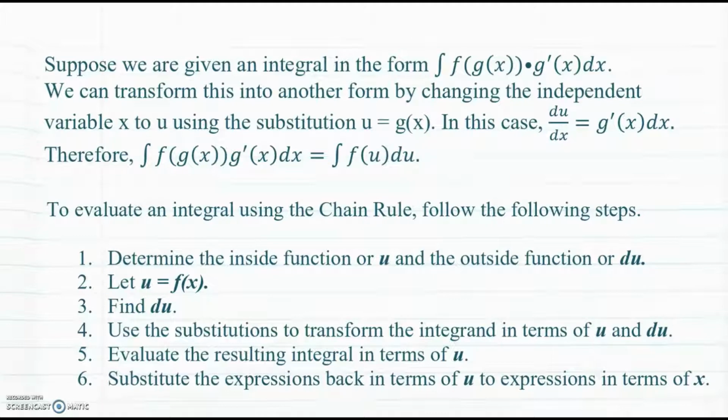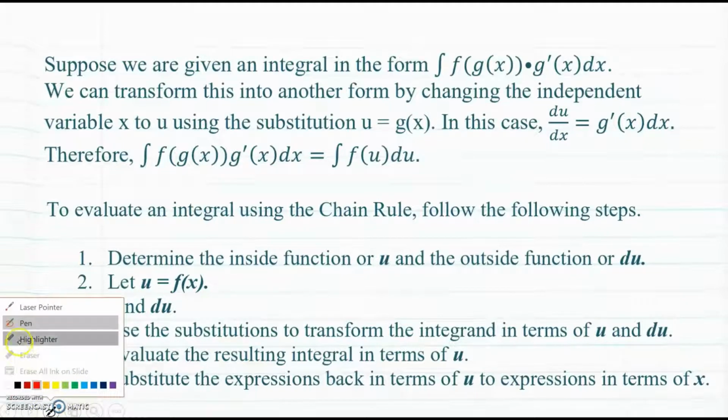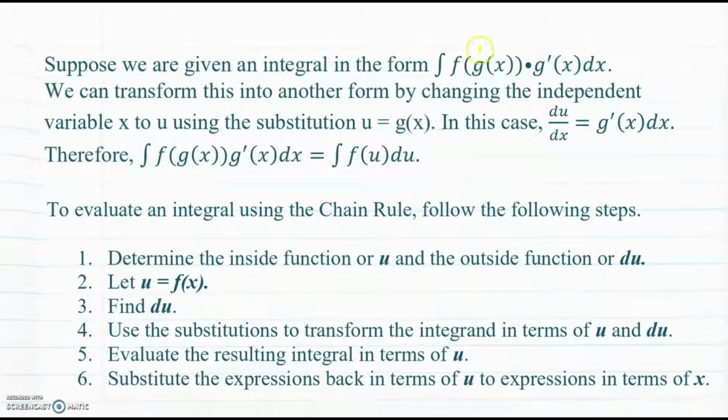So suppose we are given an integral in the form the indefinite integral of f of g of x times g prime of x with respect to x. We can transform this into another form by changing the independent variable x to u using the substitution u equals g of x.